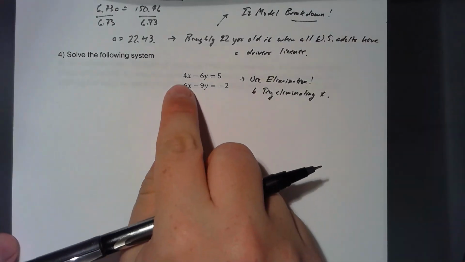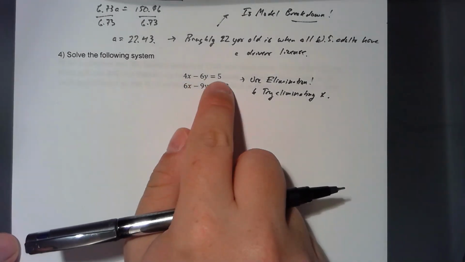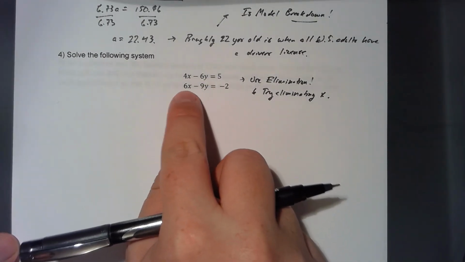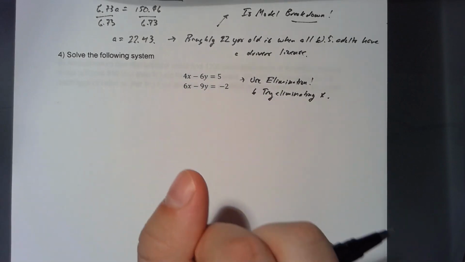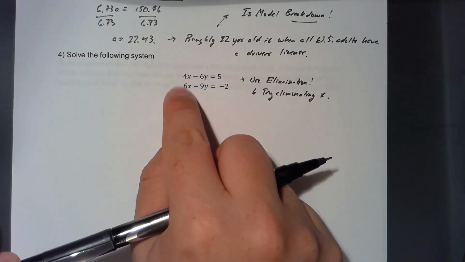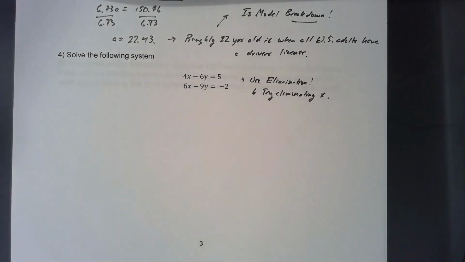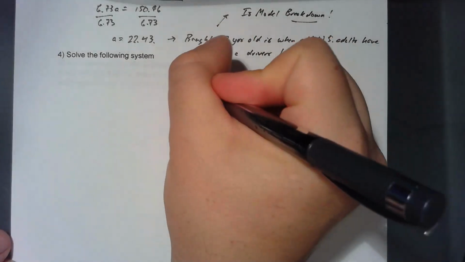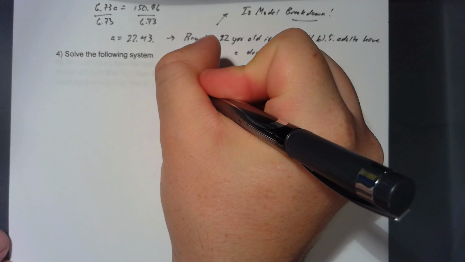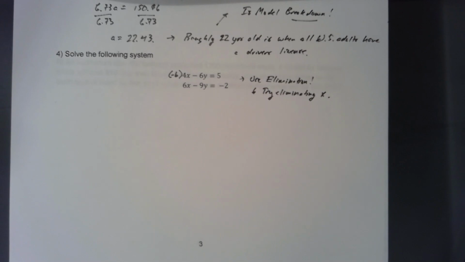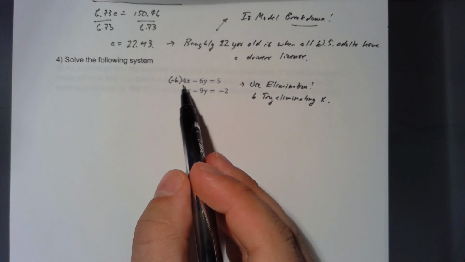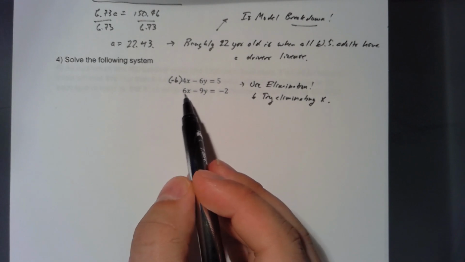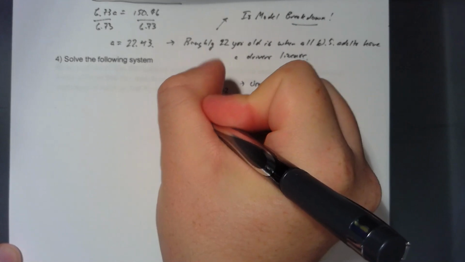So to do that, I want to think of a number to multiply this by and a number to multiply this one by to get the x's to cancel when they add together. That's up to you. The common multiple between 4 and 6 is 24, right? So I can multiply the first equation by -6 so that this becomes -24x. And to get positive 24x here, I could just multiply the second equation by 4.